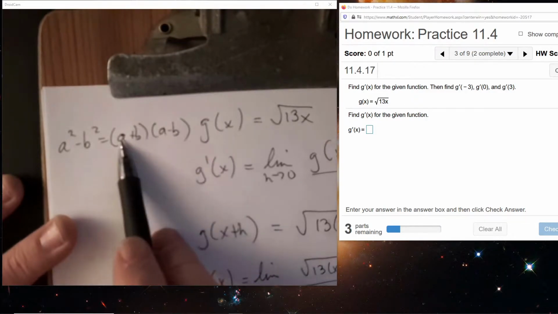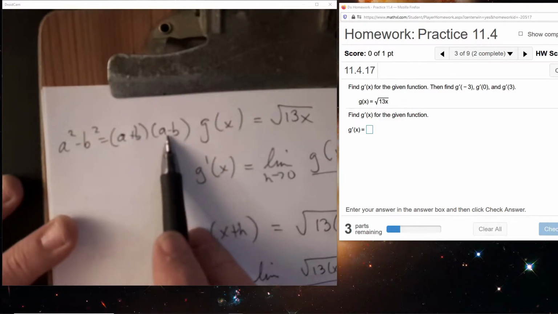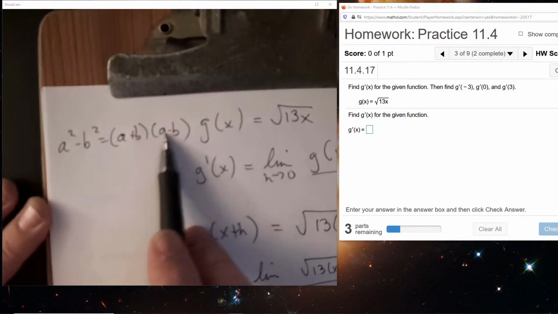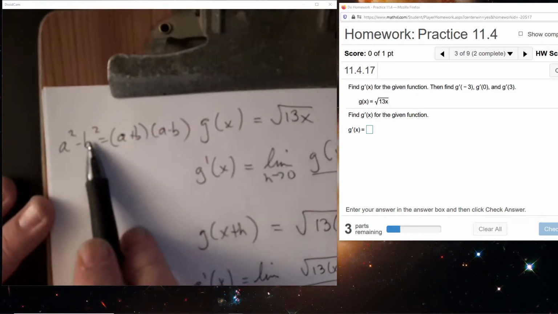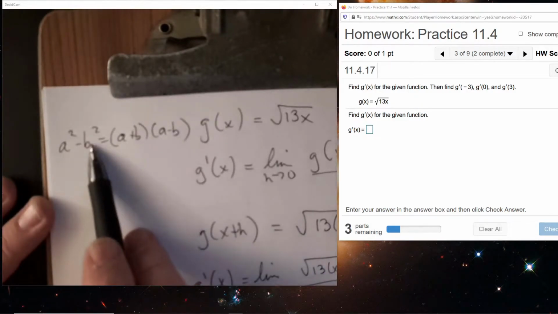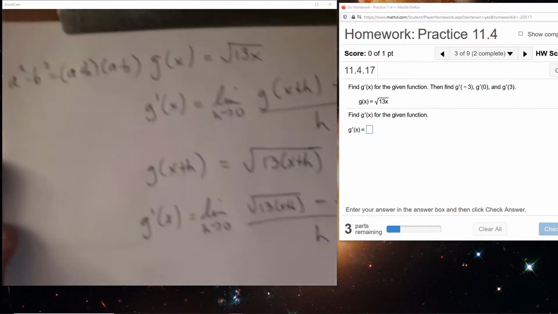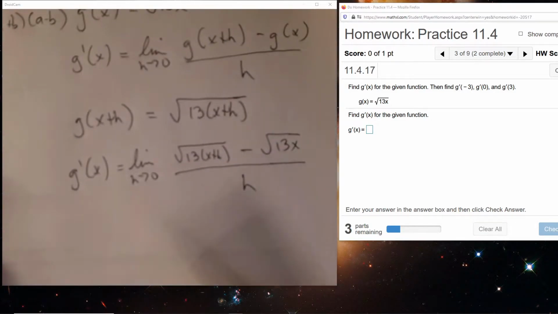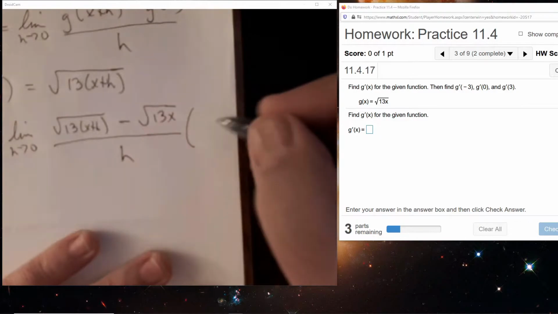So in other words, if we have a plus b, and we multiply by something that changes the sign, then we know this is the difference in squares, and it'll always be a squared minus b squared. This squaring is how we can also get rid of square roots. So what we're going to do is think of this as a minus b, and we'll multiply this by a plus b.